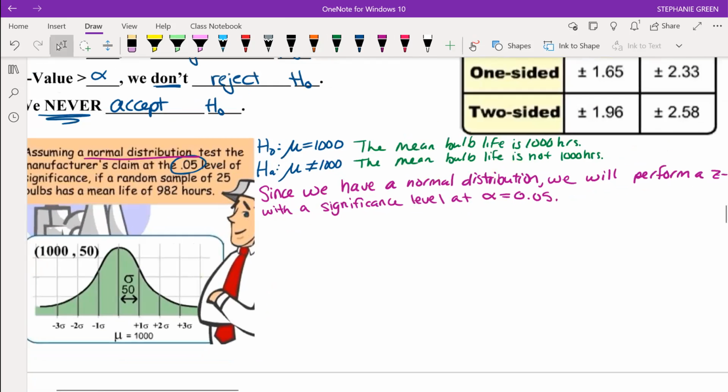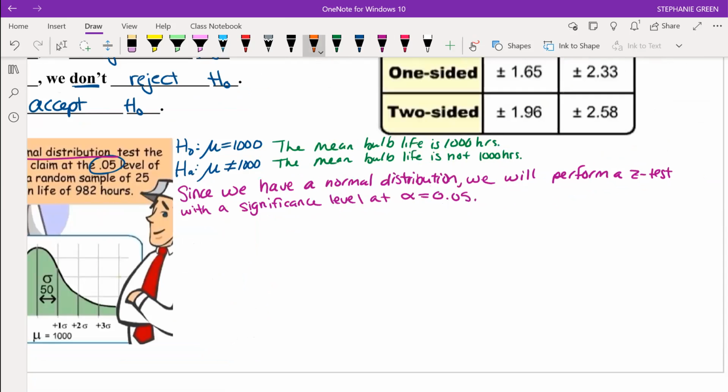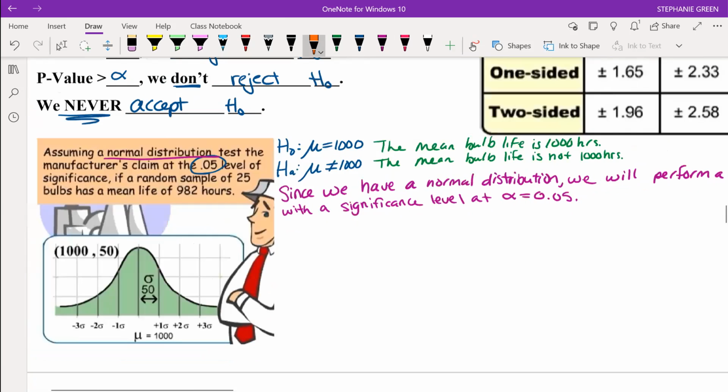Again, I will do this by hand and then I'll do it again with my calculator so you can see how that looks. To do my z-test, I need to calculate the z-score at our test statistic, 982 hours. Subtract the population mean, divide by the standard deviation of the sampling distribution for the mean, so that'd be the standard deviation of the population divided by the square root of our sample size.